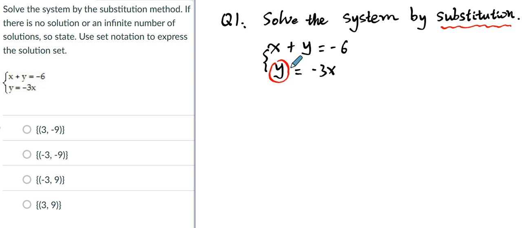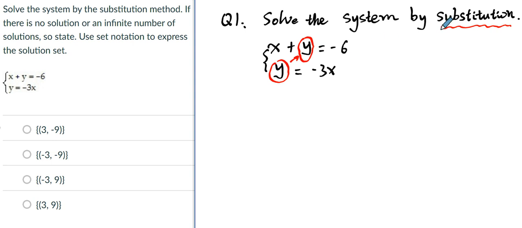From here we can see y equals -3x. So we can replace this y with -3x. So substitute -3x for y.